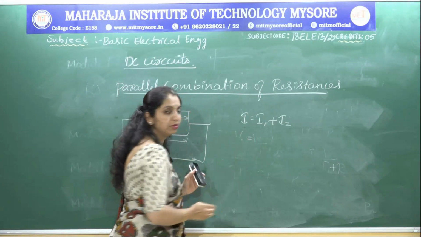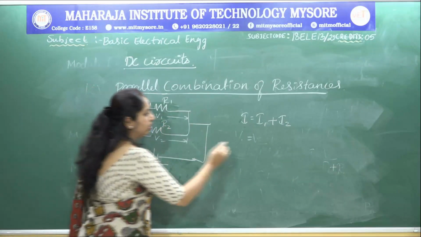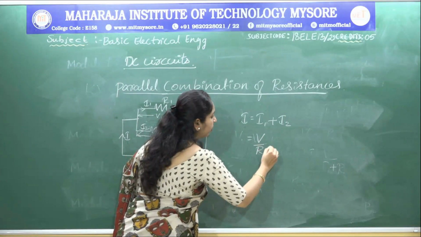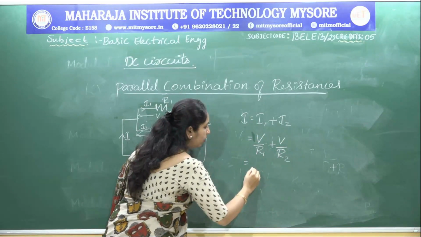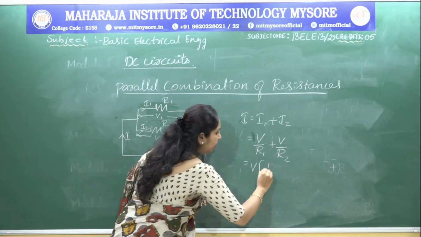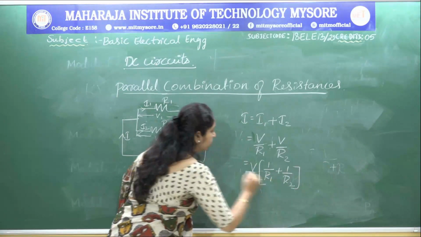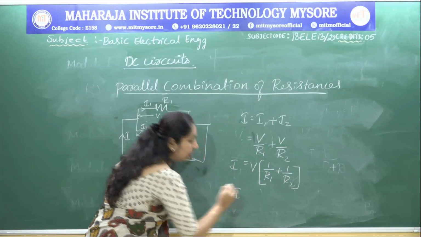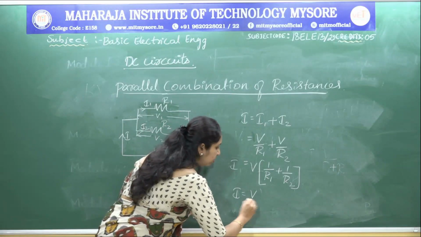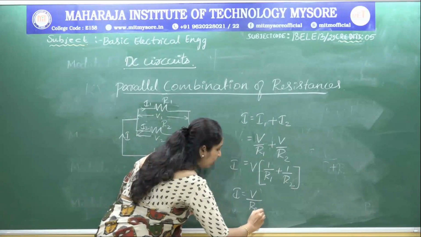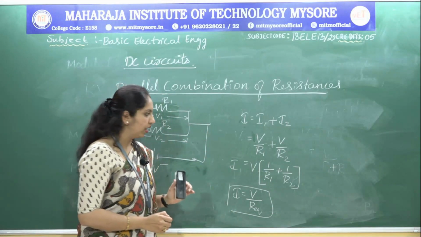What is I1 in terms of voltage? It is the total voltage divided by R1. So I is V divided by R1 plus V divided by R2. Now you can take V common, and this can be written as 1 by R1 plus 1 by R2. Finally we can write I is equal to V divided by R equivalent, so I is equal to V by R equivalent.